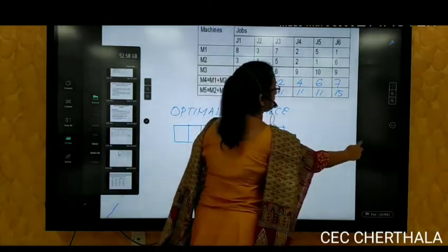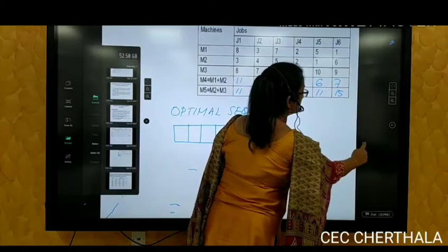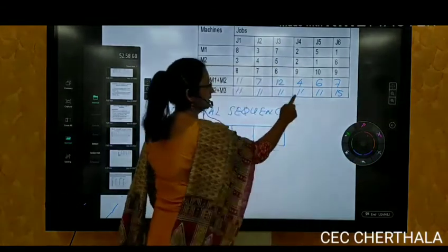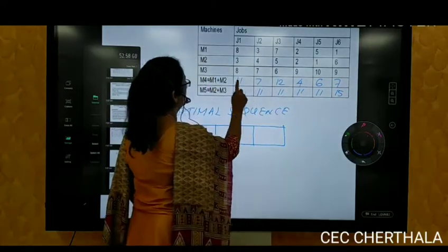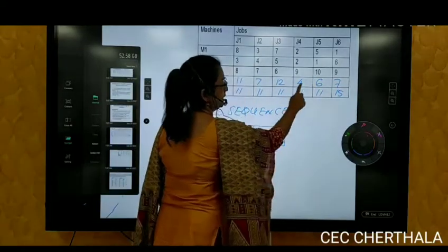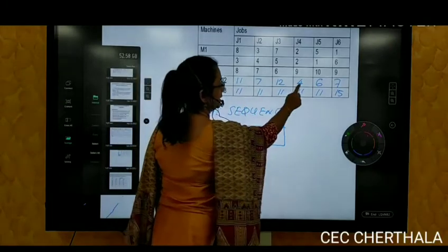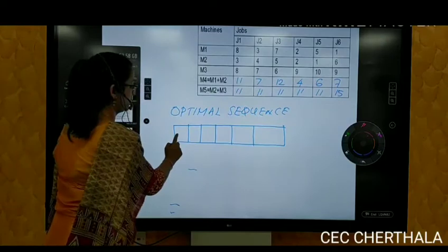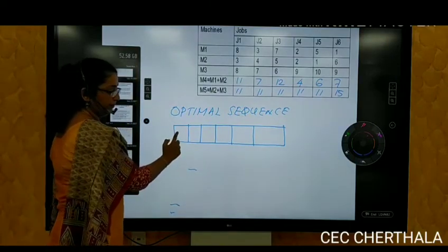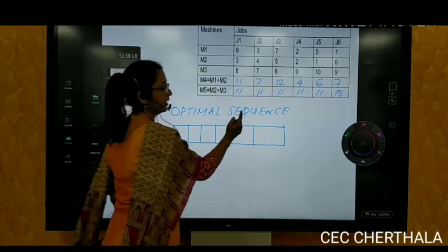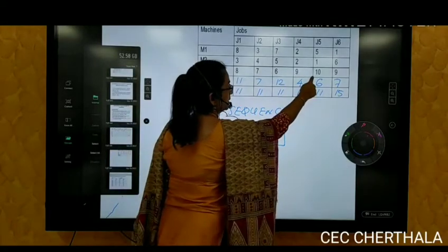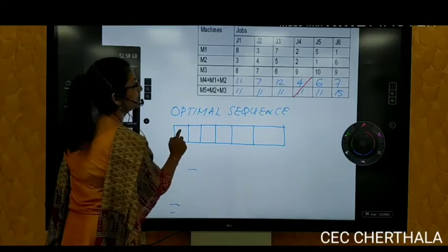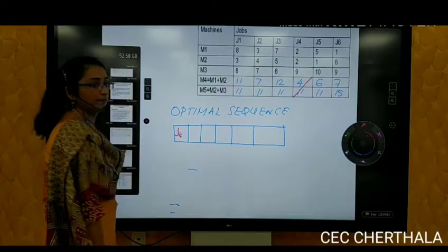Therefore, that 4 lies in the first hypothetical row. Therefore, the corresponding job J4 should be placed as first from left to right and at the same time delete that column. So you write J4 here.